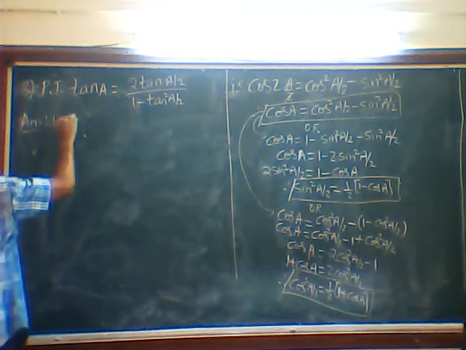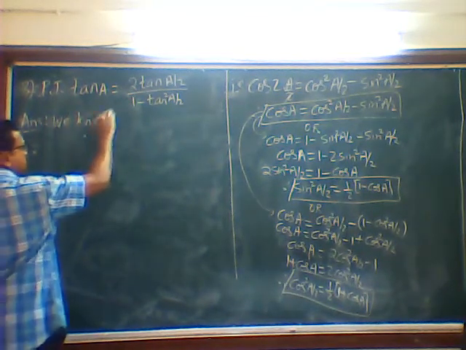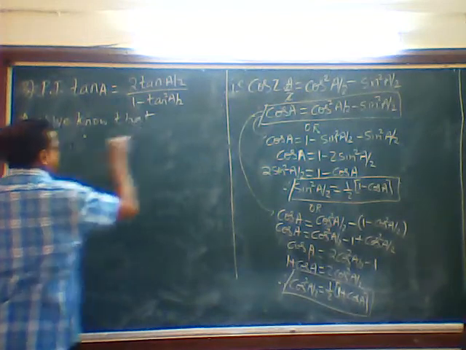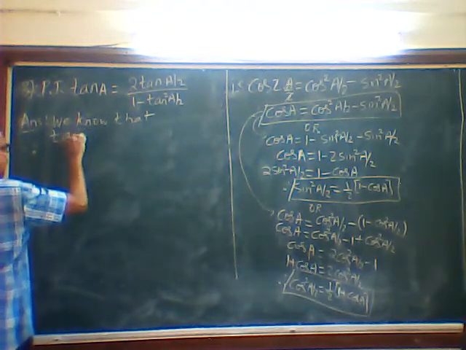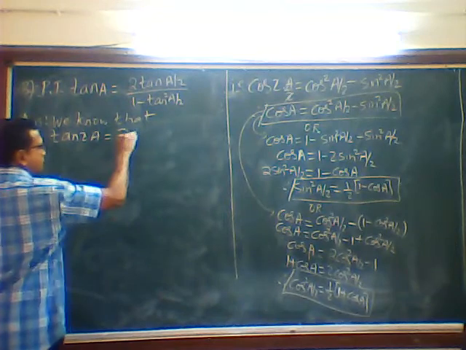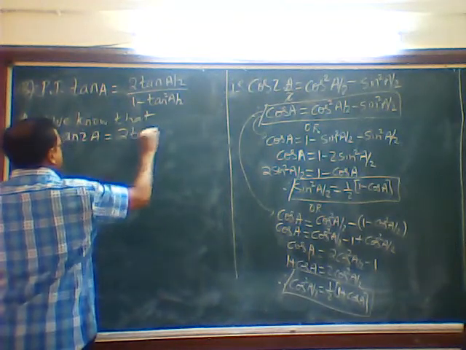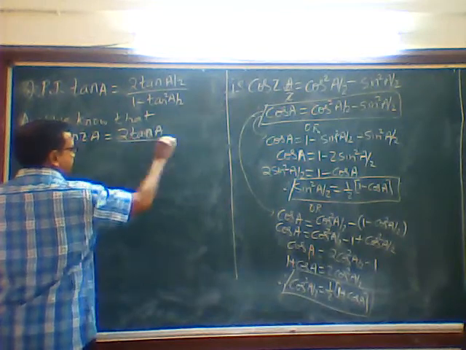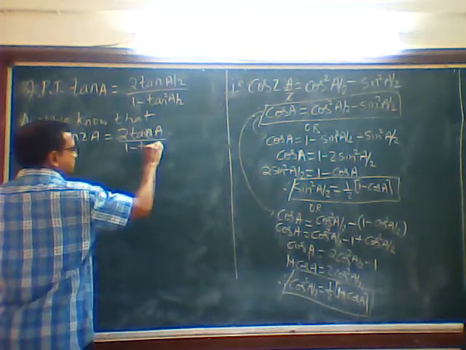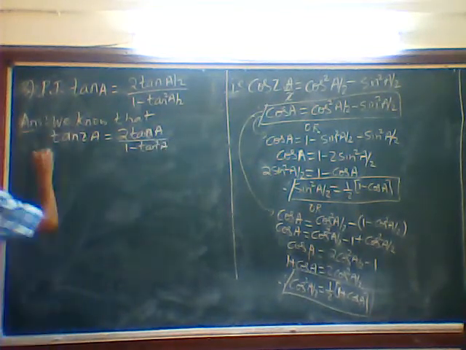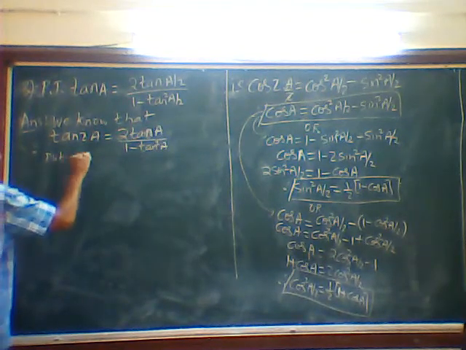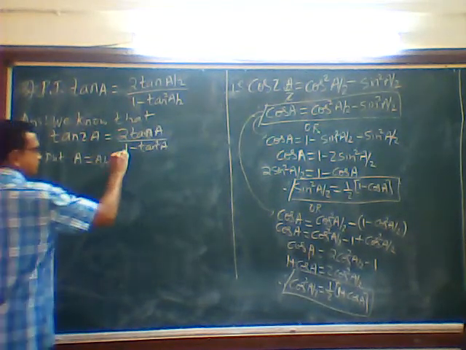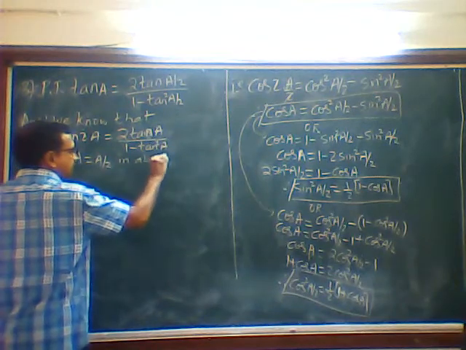Answer: we know that tan 2A is equal to 2 tan A divided by 1 minus tan square A. Now put A equal to A by 2 in the above formula.